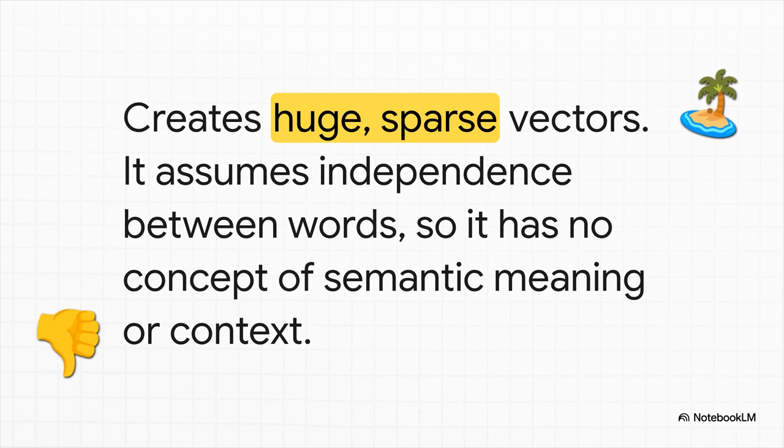It basically creates this gigantic list, a vector, for every single word in the dictionary. It puts a 1 at that word's spot and zeros literally everywhere else. The result? It's huge, it's mostly empty or sparse, and worst of all, it has zero concept of meaning. The vector for asthma is just as different from pneumonia as it is from the word car. There's just no sense of any relationship.